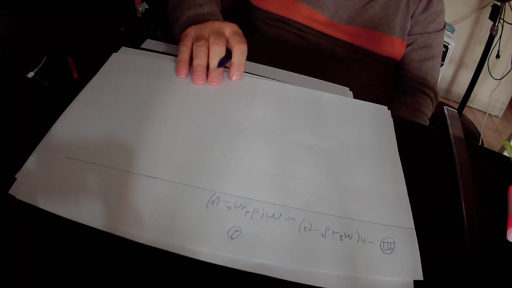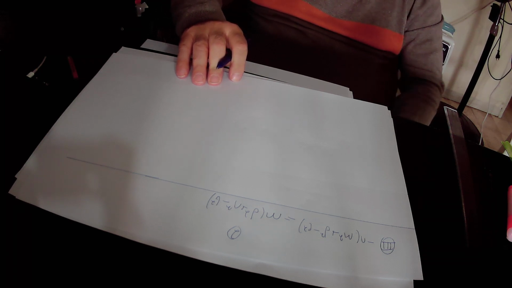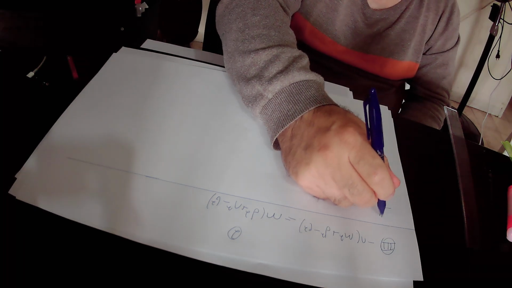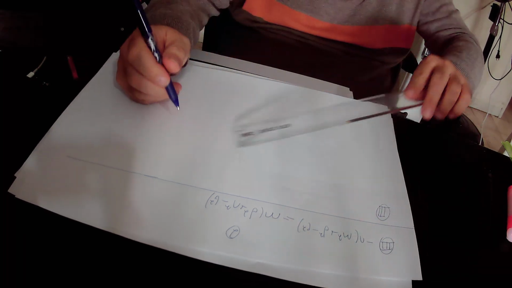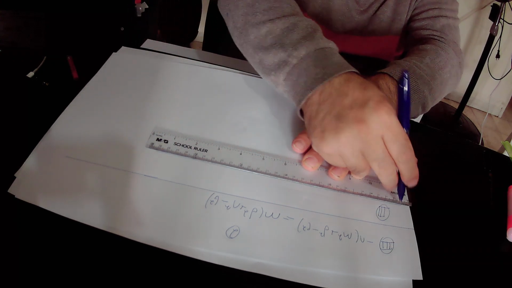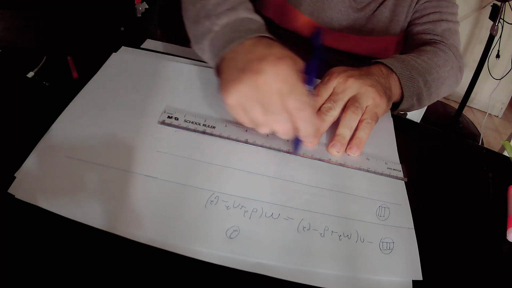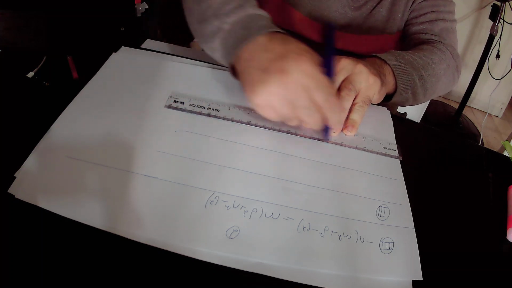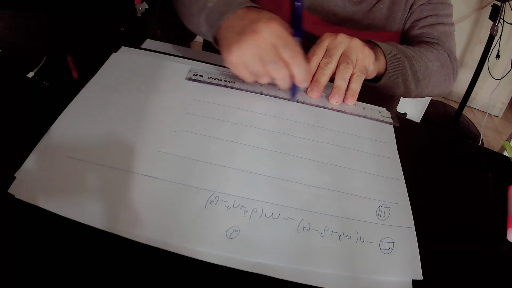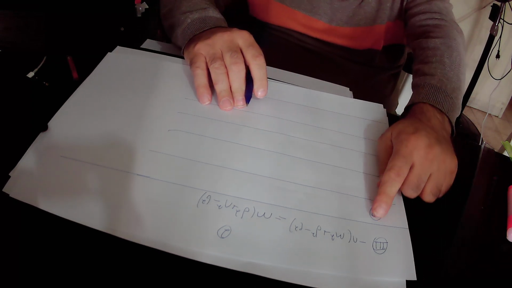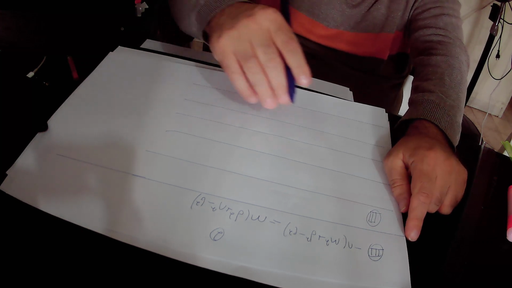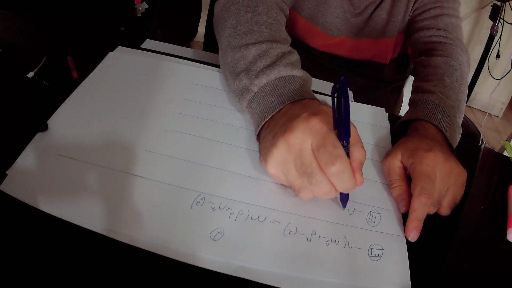In the next step, we'll open the brackets of both sides of equation number 3. According to this equation, minus n times m square is minus nm square.